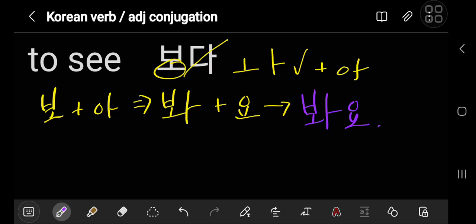이봐요. Take a look at this. Actually, it's like, hey, you look here. 이봐요. So, 뭘 봐요? What are you looking at? 뭘 봐요? And then also in Korean, of course, you can say, when will we see each other?